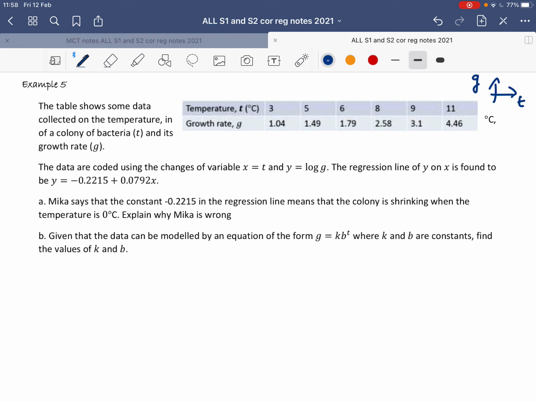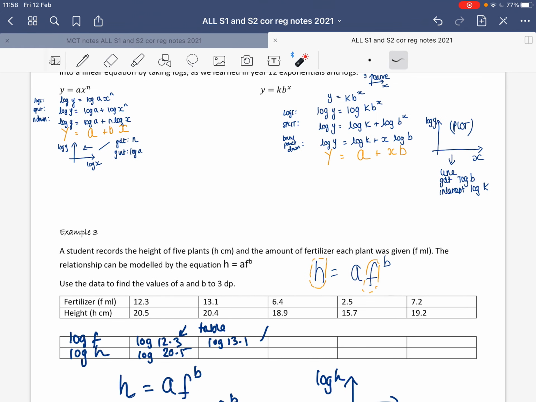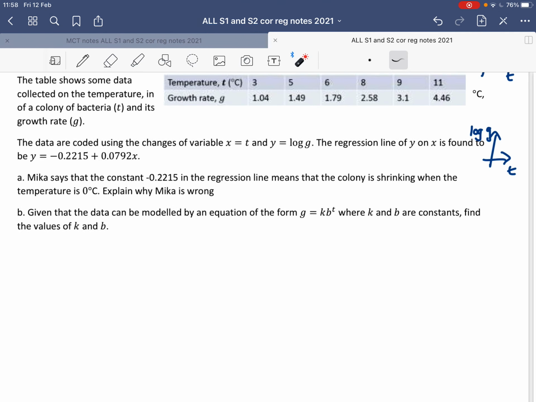So original data plots T against G. The data is coded using the change of variable x equals t, so the x value is t, and it plots t against log g, okay?